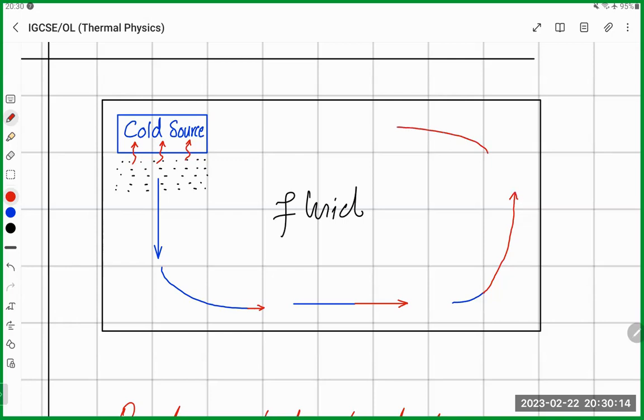So this is how we can set another convectional current. This is also convectional current.